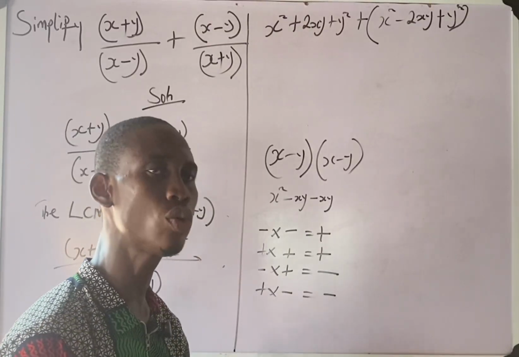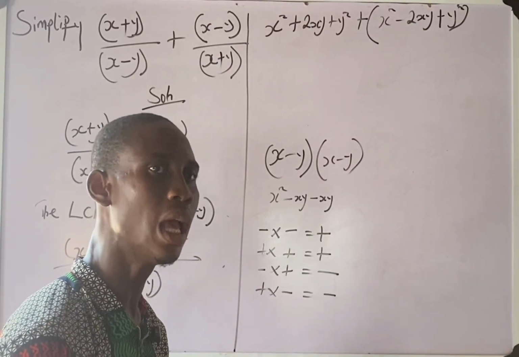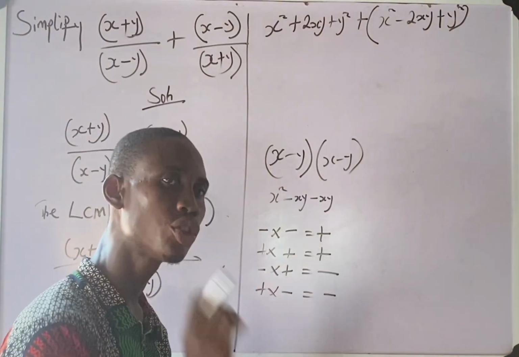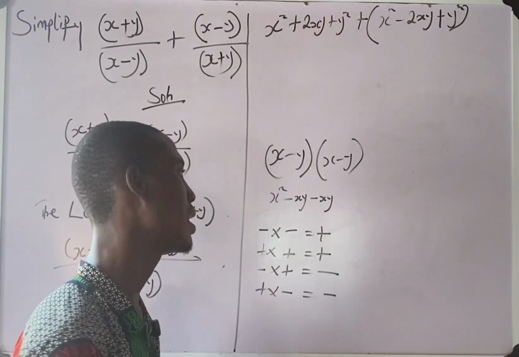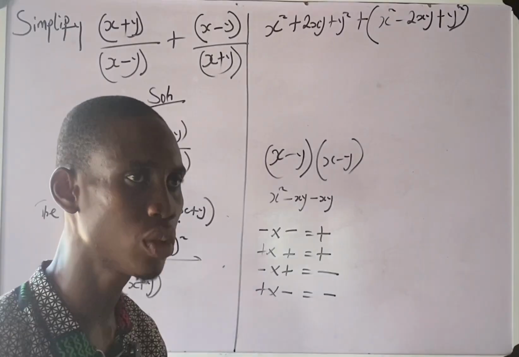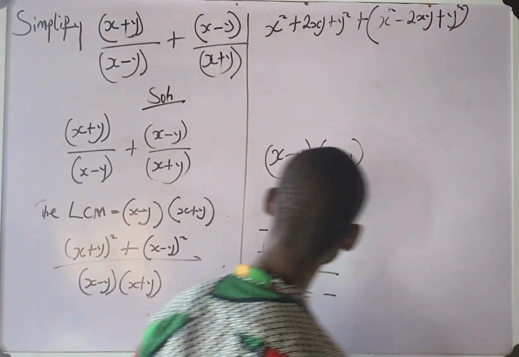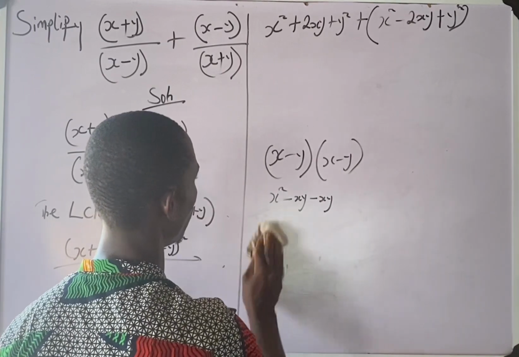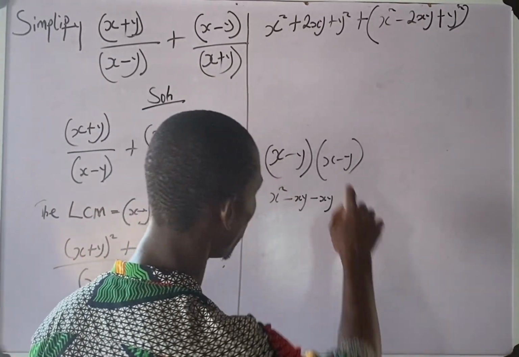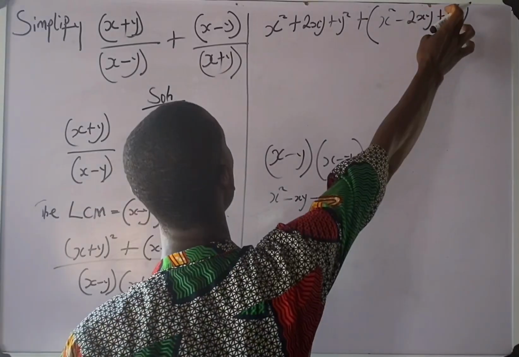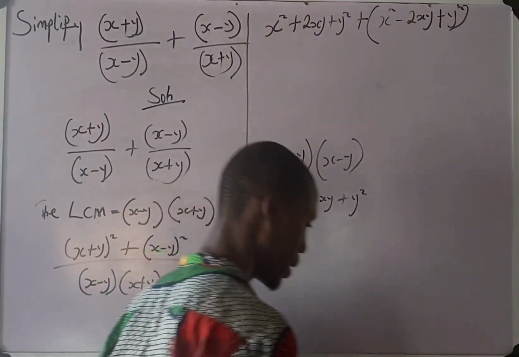But when there are two different signs, plus and minus, coming together by multiplication, it changes to a negative sign. If you can put it at the back of your mind, it will help us further. So minus y times minus y gives plus y squared. That is why we have plus y squared here.